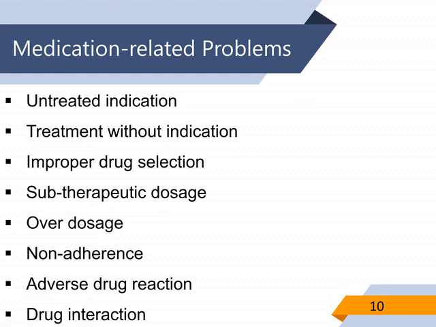Overdosage: the patient has a medical problem that is being treated with too much of the correct medication, that is, toxicity. Adverse drug reactions: the patient has a medical problem that is the result of an adverse drug reaction or adverse effect.